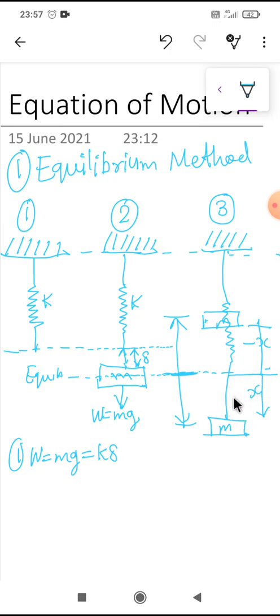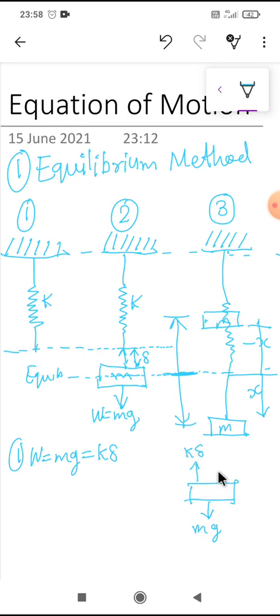Now let's draw the free body diagram of this system. If I draw a free body diagram, what will I get? First, the mass weight force, that is mg, and the opposite one, that is k delta, the spring force. These two are equal, so they will just cancel out. We will not use these two terms again and again because they cancel out.